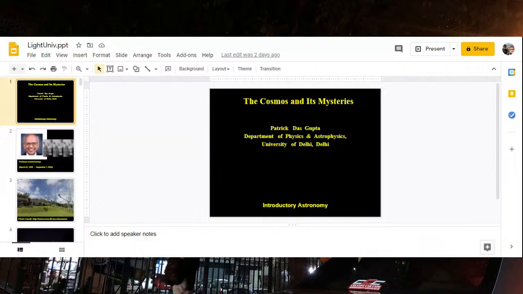Such frames are called locally inertial frames of reference. And this hypothesis that in a locally inertial frame of reference gravity is completely zero is the basis of general theory of relativity.